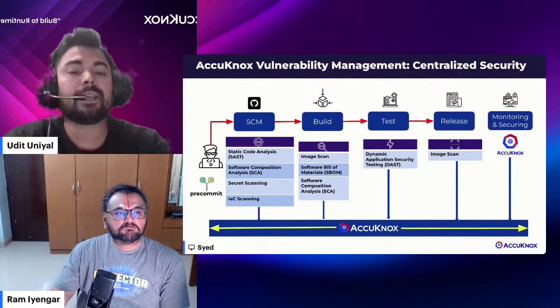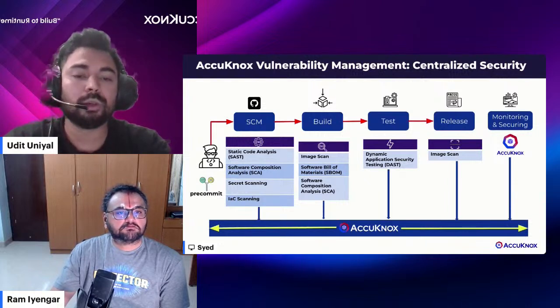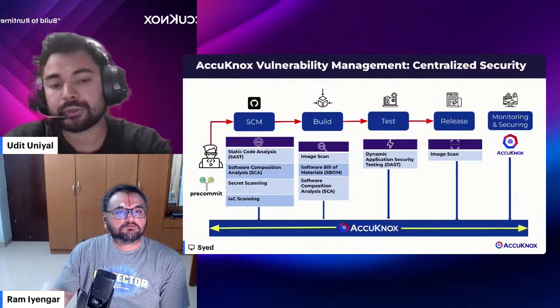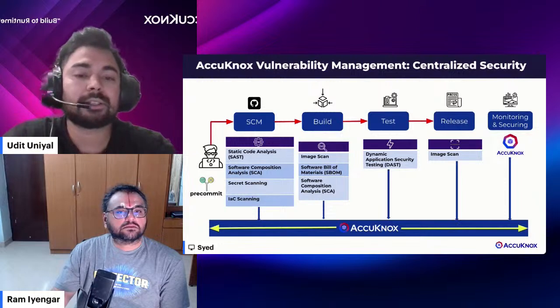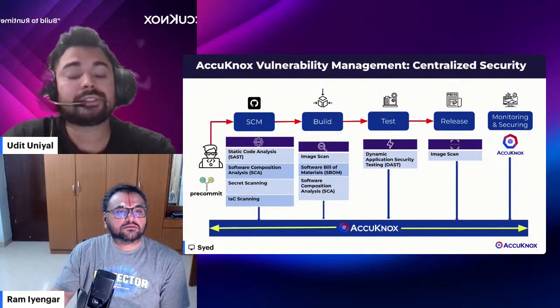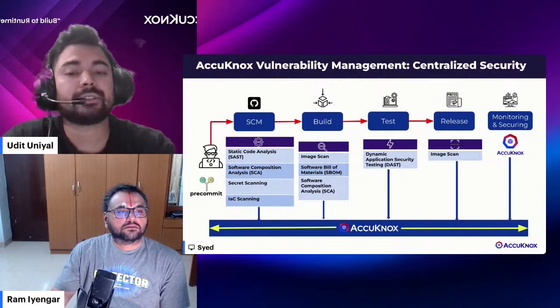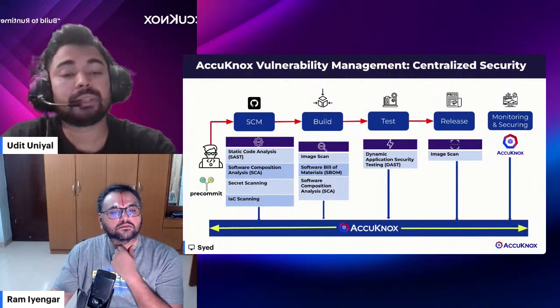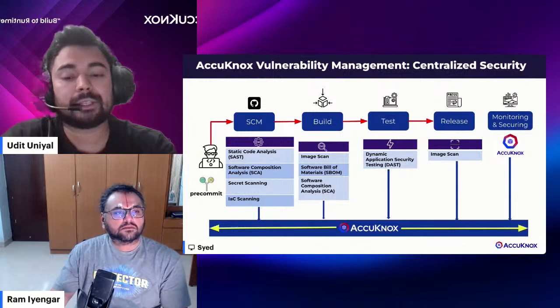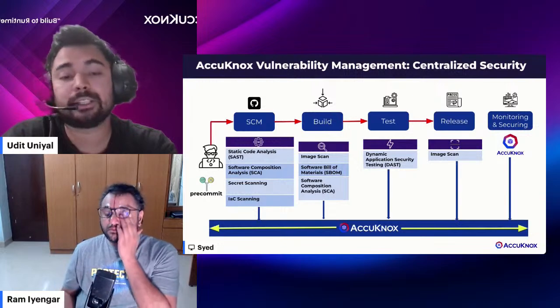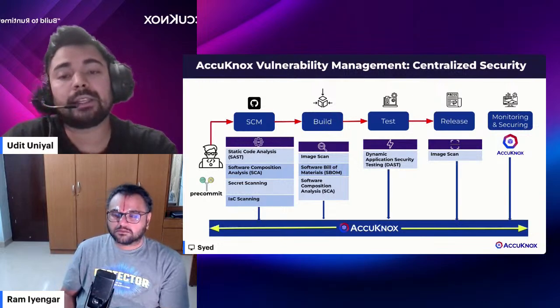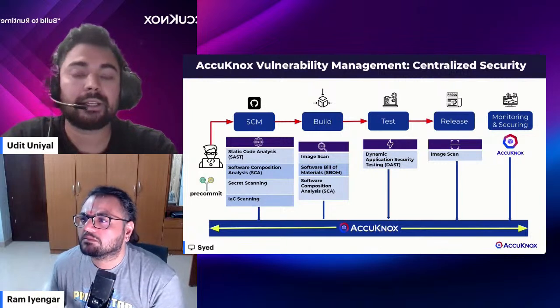With a single management tool like AccuKnox, you can do risk prioritization: which vulnerabilities need to be fixed first, and what needs to be fixed first in terms of the tools themselves. What are the critical vulnerabilities that need to be fixed? If something is critical, like it comes under the OWASP Top 10 category or the CWE Top 25 category, then you get that particular finding resolved.